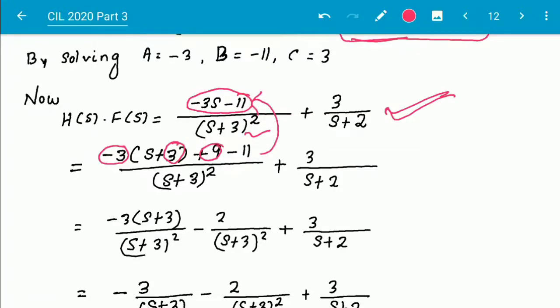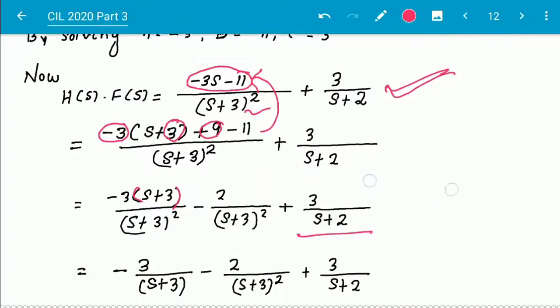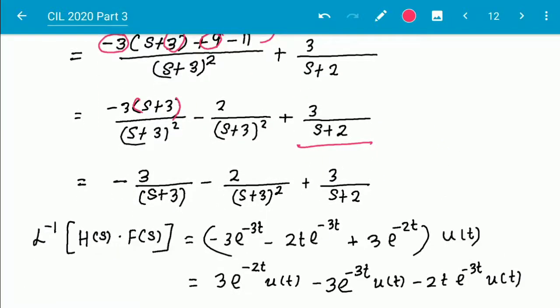If we rewrite this one, minus 3 into s plus 3 by s plus 3 whole square minus 2 by s plus 3 whole square plus 3 by s plus 2, and here the s plus 3 from the numerator will be cancelled, and in the denominator there will be power of 1.